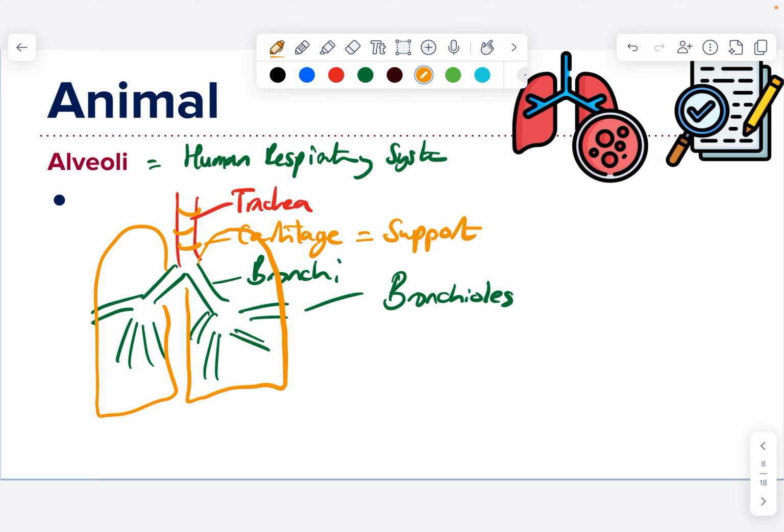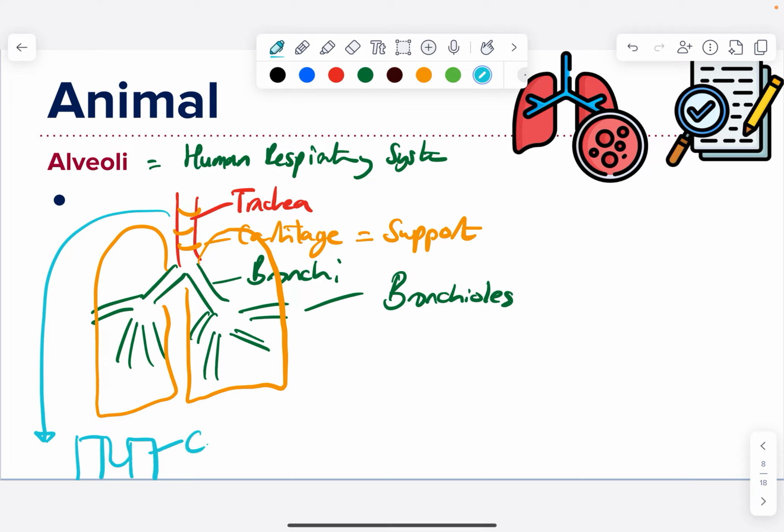Okay. Another adaptation of the human respiratory system, which I'm just going to talk about very briefly, I'd find in my trachea and my bronchi. We have a group of cells.